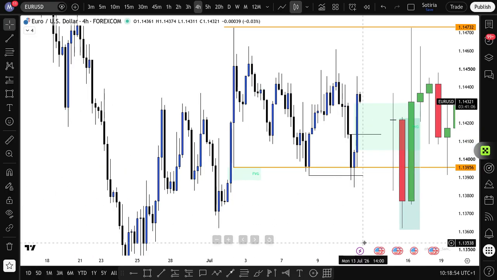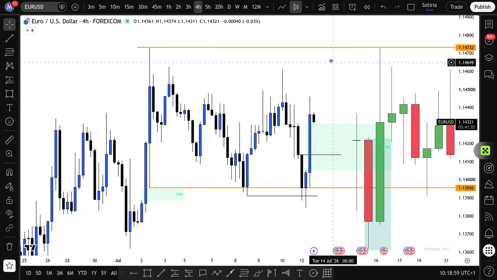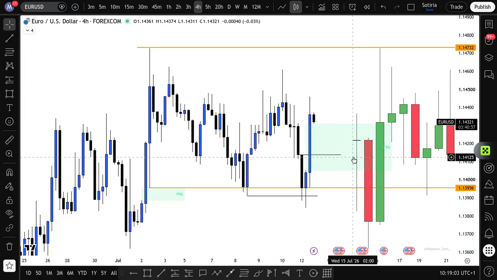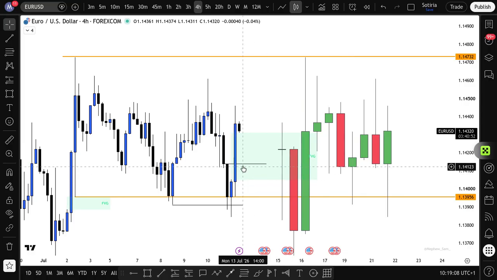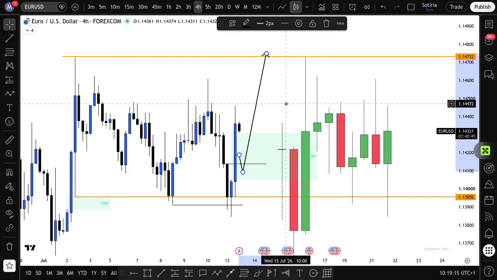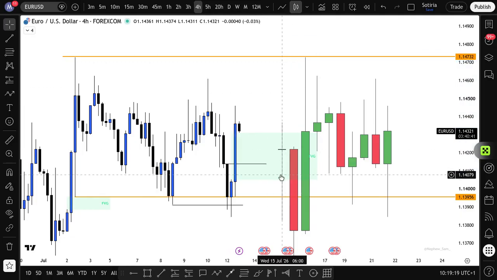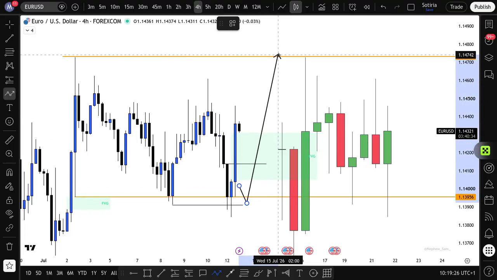So if price should come back today or anytime before getting to this point, or before giving us a new daily bias, I want to see price buy from here to this top, or you might see price come down into this level here and take this high.